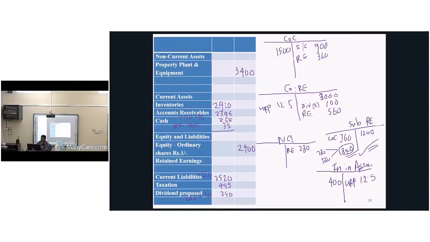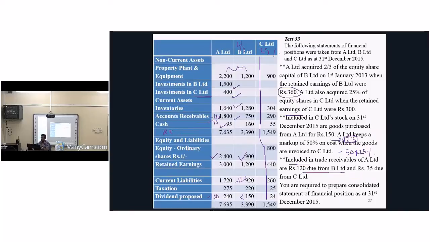In this question, examinee is silent about fair value of NCI. How do you calculate fair value of NCI if it is not given? Anybody? Can you calculate fair value of NCI relating to subsidiary B Limited? I told you several methods to calculate fair value of NCI.